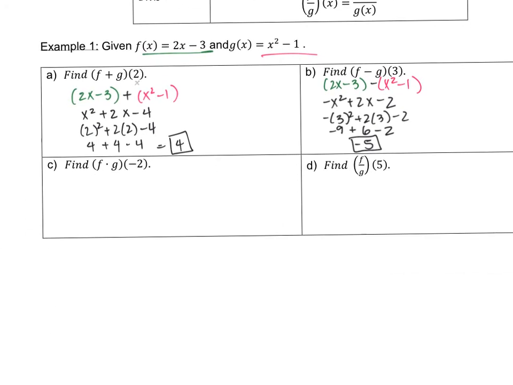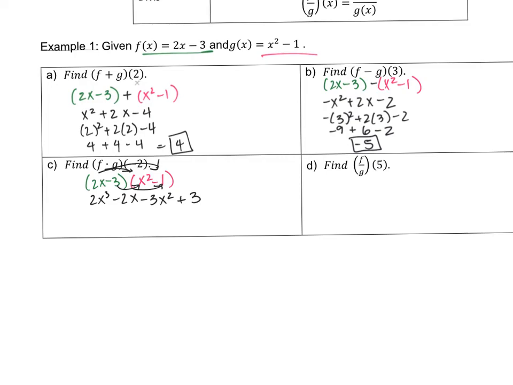All right, now we have multiplication, and again, this would just be taking our f equation and multiplying it with our g equation, which was x squared minus 1. So I'm going to go ahead and redo this one because I don't want to flip back and forth, so I can easily rework this out. This is 2x cubed minus 2x, and then if I multiply this 3 here, this would be negative 3x squared plus 3.